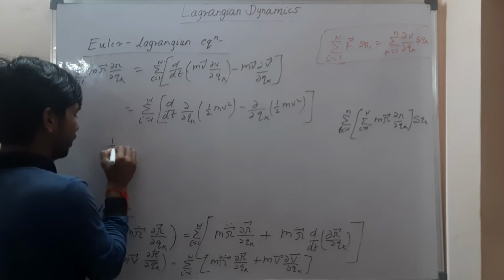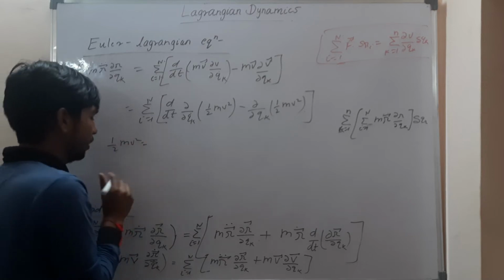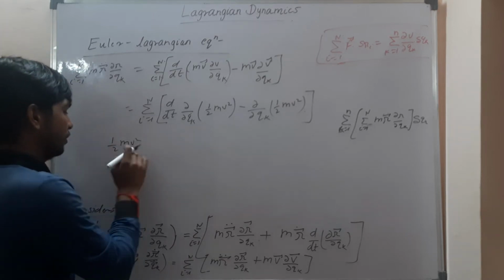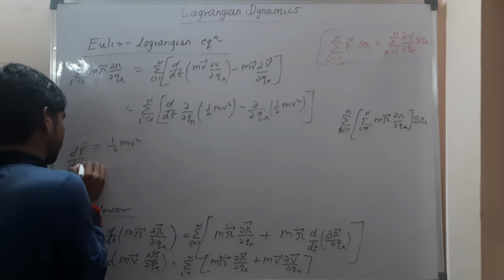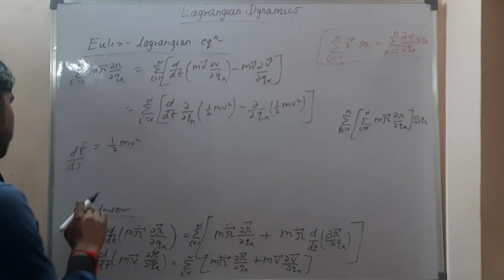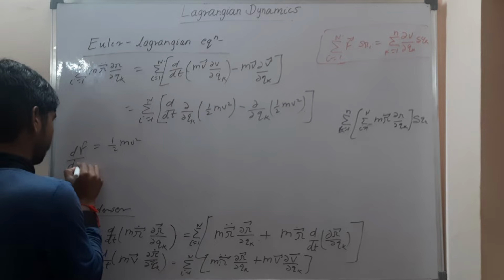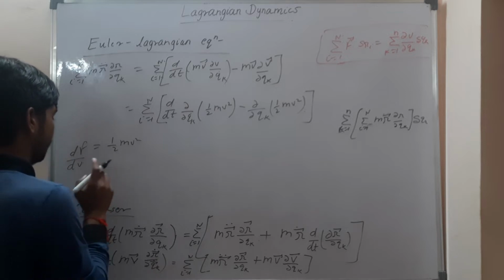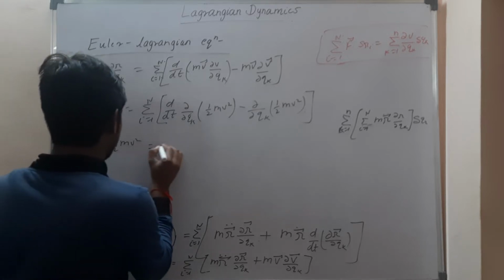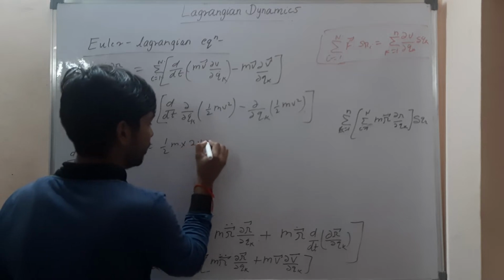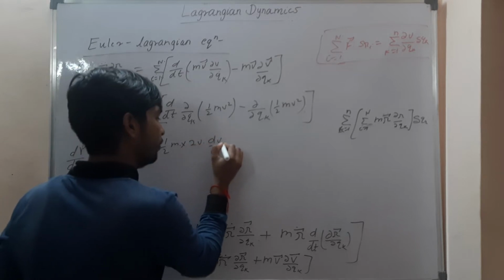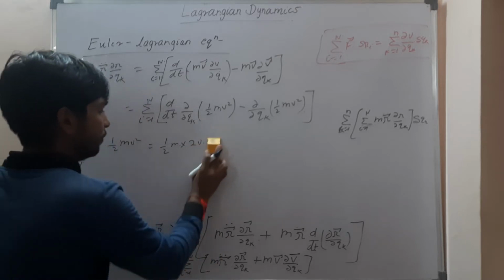If I take half mv square, f is a function of half m, and if I differentiate with respect to velocity, then it will be half m times 2v, and dv by dv means it will be 2v.